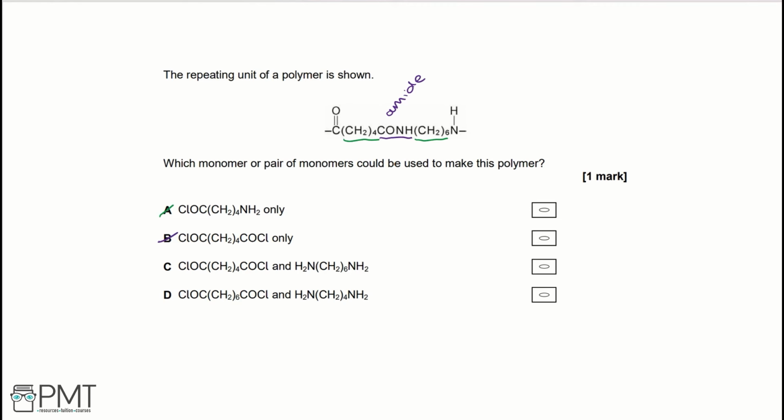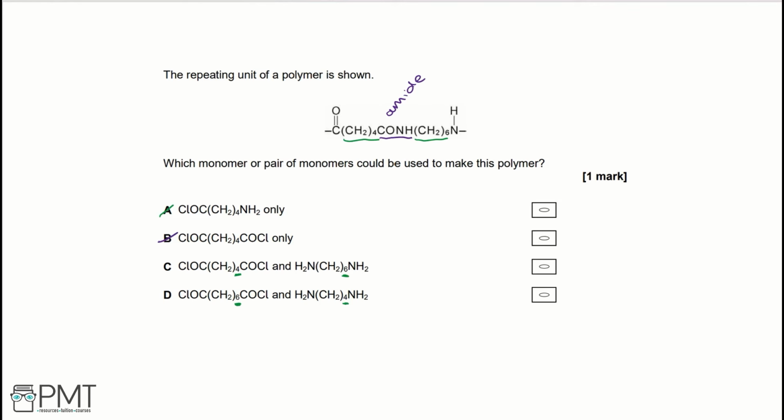The difference between C and D is that one starts with the CH2,4, so the diacyl dichloride has a CH2,4, and the amine has CH2,6, whereas in D this is the other way round. We have the diacyl dichloride with the CH2,6 and the amine with the CH2,4.